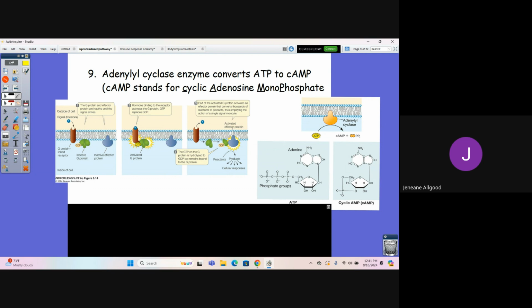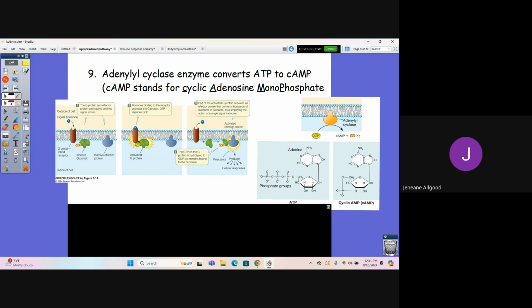So this ATP converting to cyclic AMP is happening on the cytoplasm side of the membrane, and it's going to be adenylyl cyclase that is catalyzing that reaction. It is our second messenger overall.